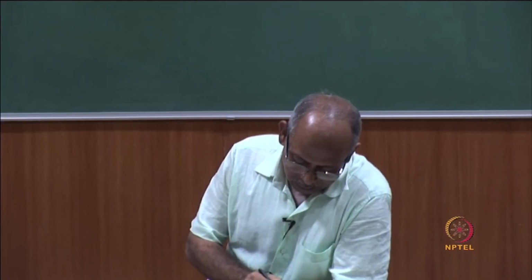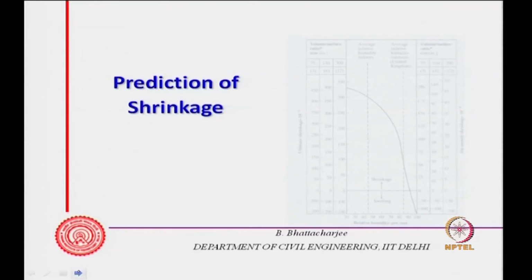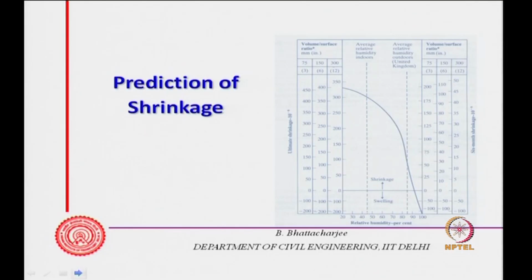Let us see the case of this nomogram. As you can see, it will be relative humidity, RH, along this axis. It varies from 20 to 100, and this is the average relative humidity inside in UK, but elsewhere it could be different.